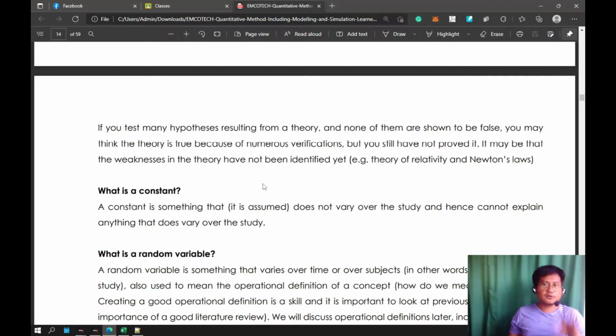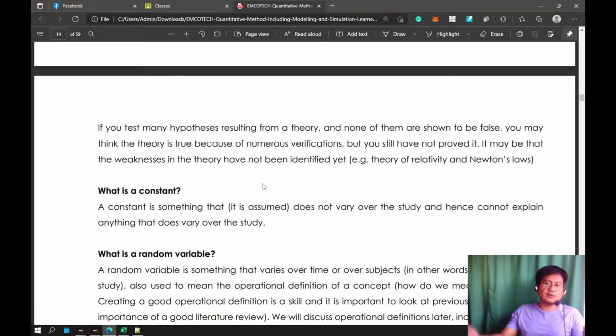So, say for example, you test your hypothesis, yung pananaw mo na ito yung totoong gusto mo i-prove, yung hypothesis, na i-test mo siya gamit yung iba't ibang theory, and every theory you use to test that hypothesis results to true.